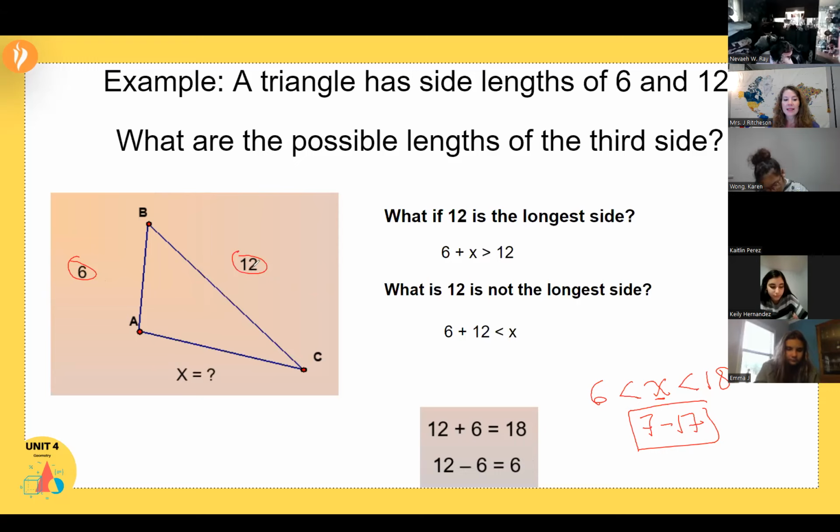And the answer will be between those two numbers. What are your questions?